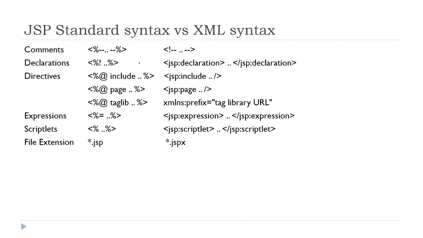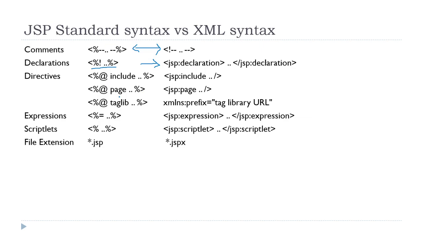So these are the different syntaxes that we have seen in standard versus XML. This is a comment in JSP standard syntax, whereas this is a comment in the XML syntax. Then for the declaration, as we have seen, this is how it is written in the XML syntax, jsp:declaration.